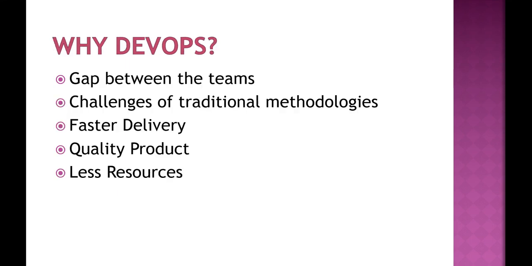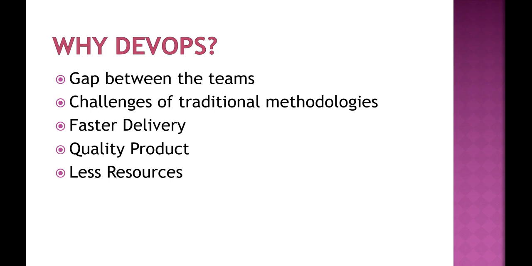So there came DevOps in the picture. Why did DevOps come in? The first reason is to overcome the gap between the teams, to make them work together in collaboration, and to help them understand the challenges of others. So that's why DevOps came in.